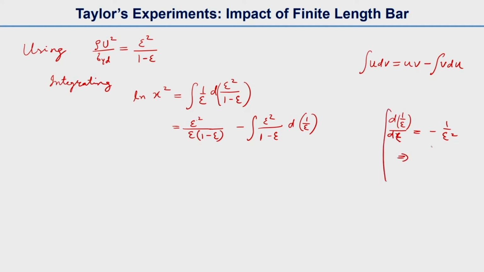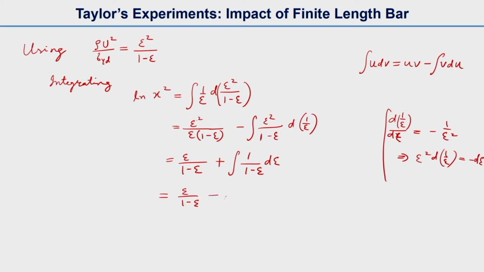That means epsilon square times d(1 by epsilon) is equal to minus d epsilon. That way we can write it as the integral of (1 minus epsilon) plus (1 minus epsilon) d epsilon.